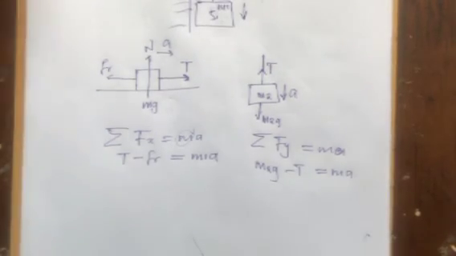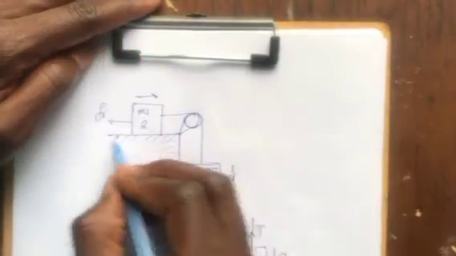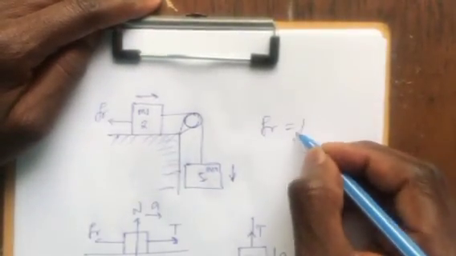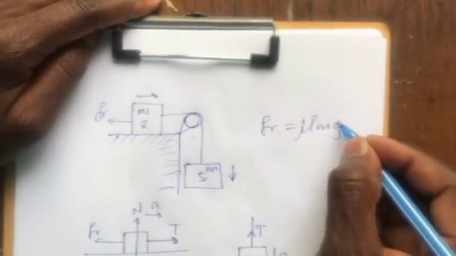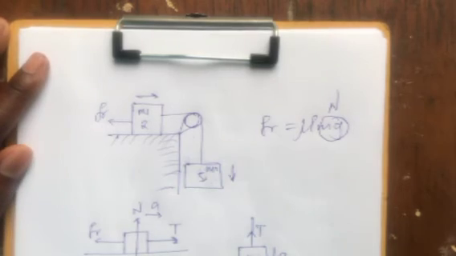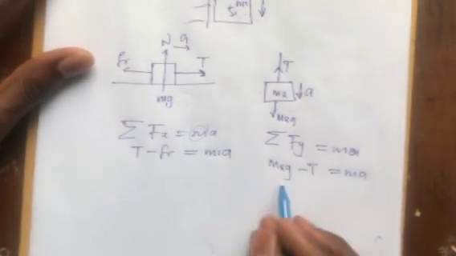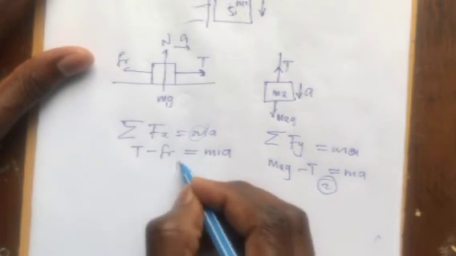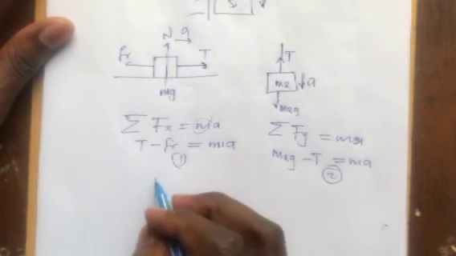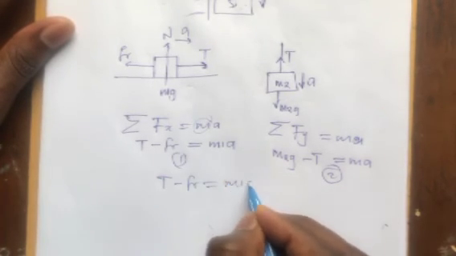So what you're going to understand, remember we are saying the friction force for the object which is resting or maybe moving on the horizontal surface must always be equal to mu mg. The mg is what we call the normal force because the object is not moving in the y-axis. All right. So if you add, this becomes my second, this becomes my first equation. If you try to add this and that, we are going to have T minus friction equal to M1A.